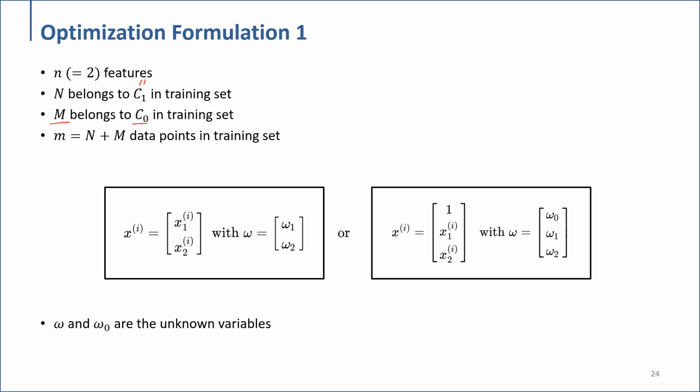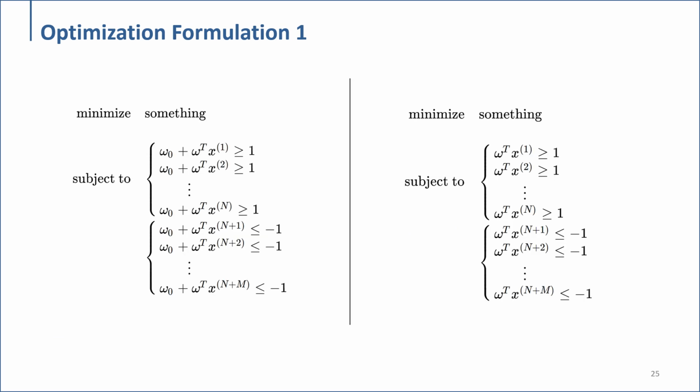So in total, we have N equal to n plus m data points in the training set. By rewriting x and omega like this, our objective is finding omega and omega 0, which are unknown variables. Then our objective for the optimization is to minimize anything or something, subject to this constraint.